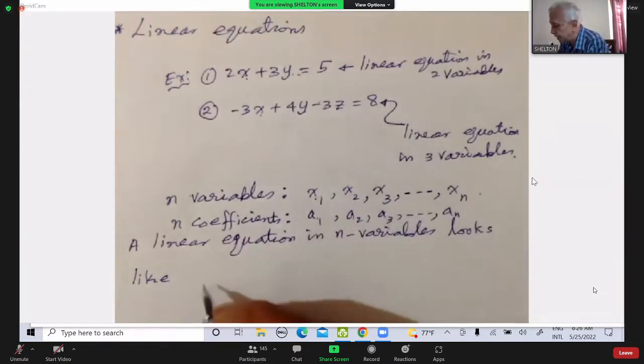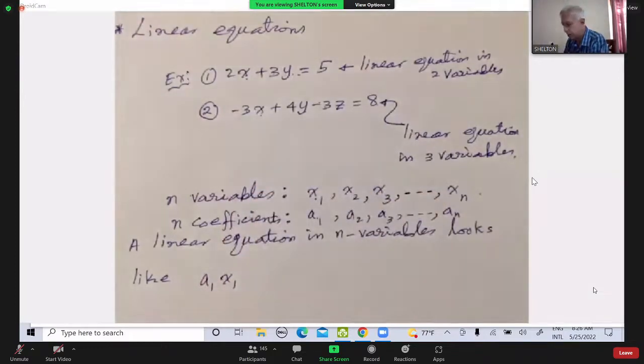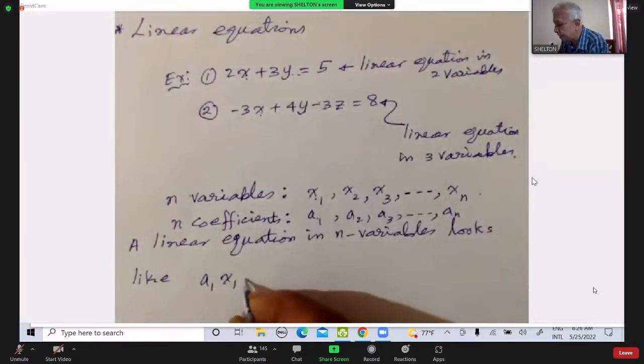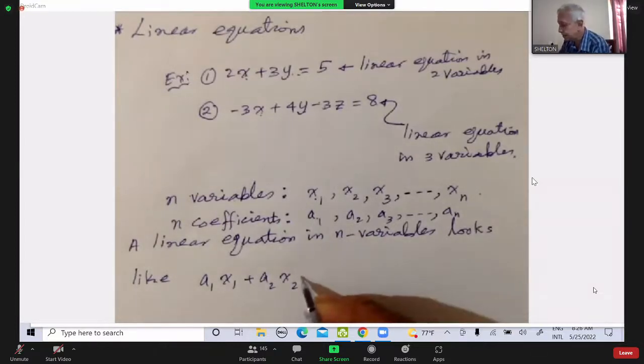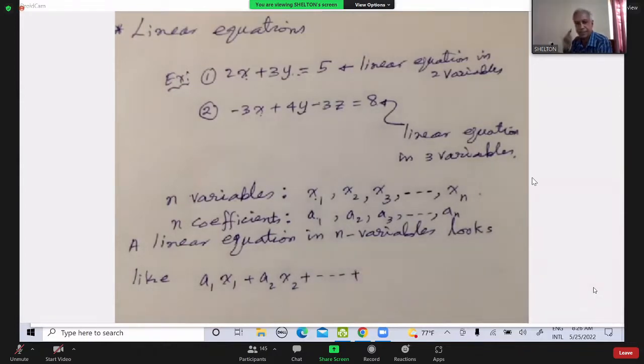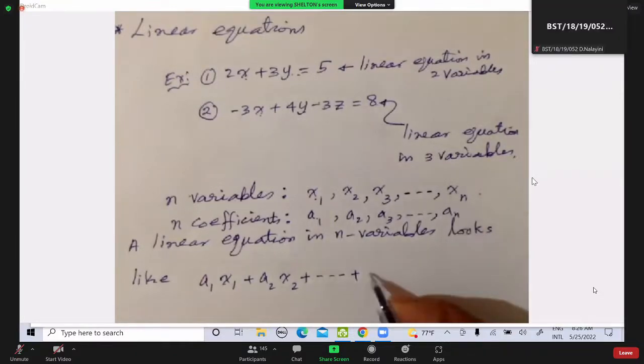A linear equation looks like a1x1, like 2x or minus 3x. a1x1 plus a2x2 plus dot, dot, dot. What is the last term? Can somebody tell me? You have to multiply the last variable: anxn. Very good.